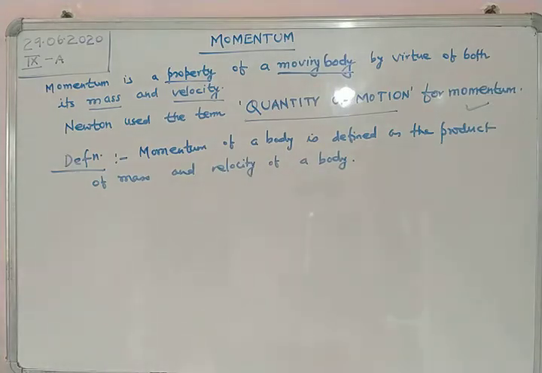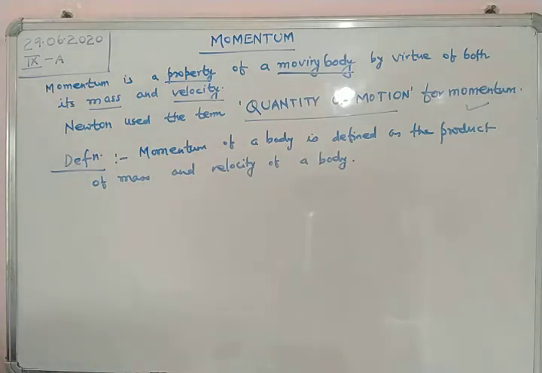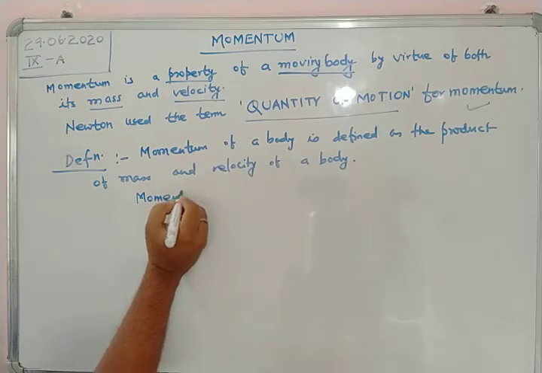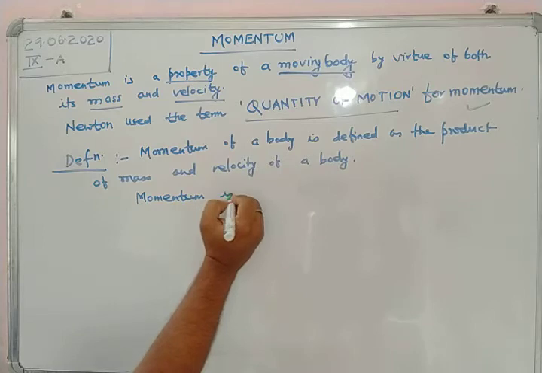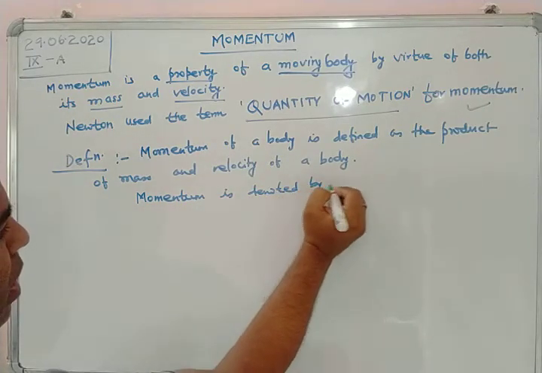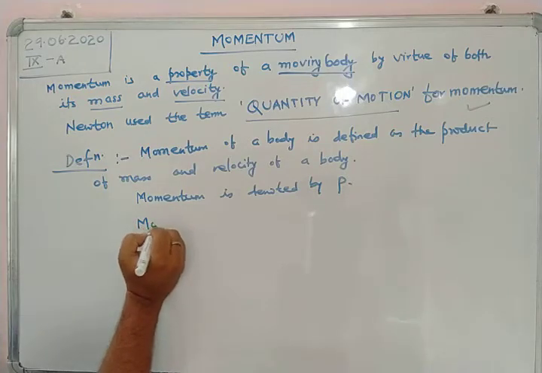Alright? Mathematically, we should know that momentum is denoted by P. Momentum is denoted by P. As well as some other characteristics, momentum is a vector quantity.